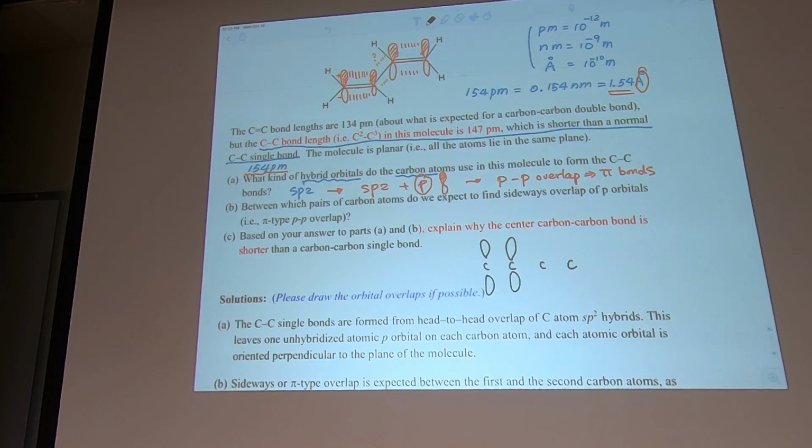I'm just highlighting the pi bond p orbitals here. So this is one, they can have this, they can have that, and there will be sideways interactions. Oh, I think I made a mistake. So that's what it looks like.